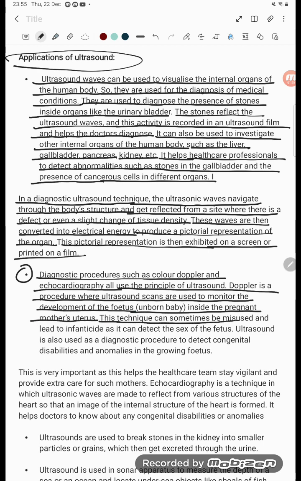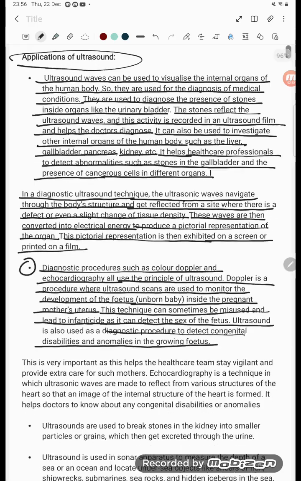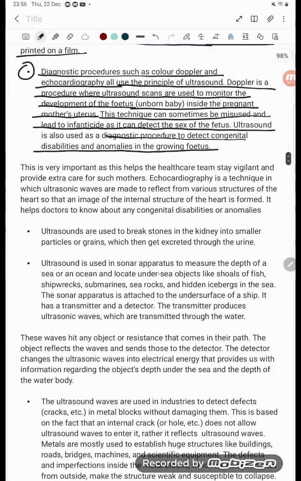This technique can sometimes be misused and lead to infanticide as it can detect the sex of the fetus. Ultrasound is also used as a diagnostic procedure to detect congenital disabilities and abnormalities in the growing fetus. This is very important as it helps the healthcare team stay vigilant and provide extra care for such mothers.